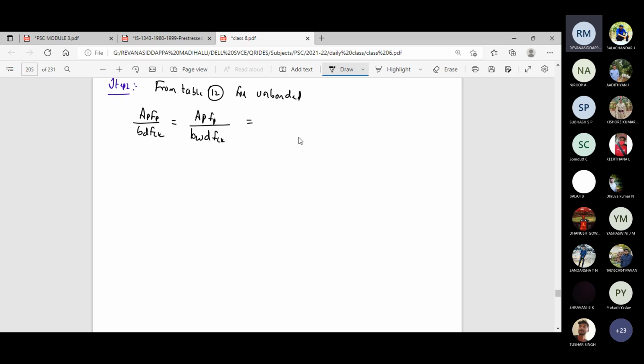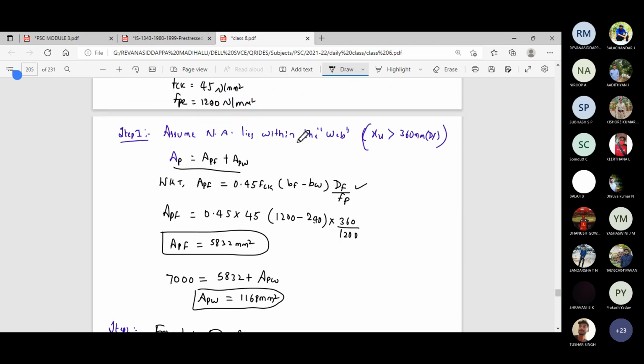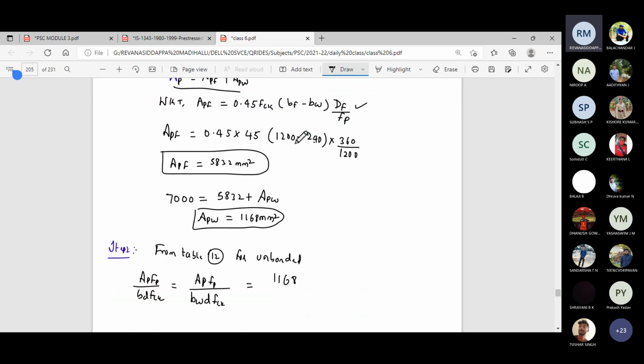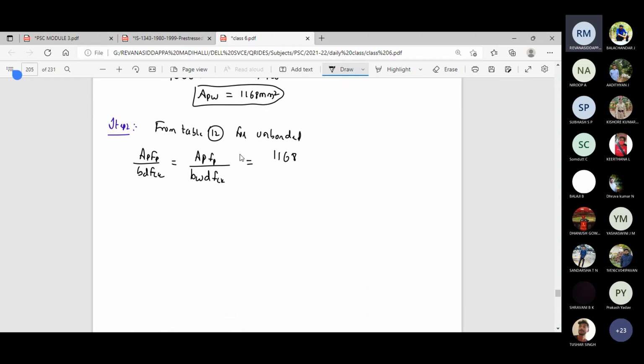So AP is 1168, correct? Area of pre-stressing steel. One more thing, APW. We have assumed the depth of neutral axis lies within the web. Then this formula can be rewritten as APW FP divided by BW D FCK. 1168 is APW into FP, given as 1200, whole divided by BW into D into FCK.